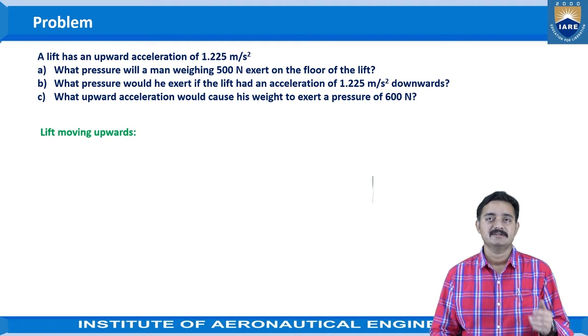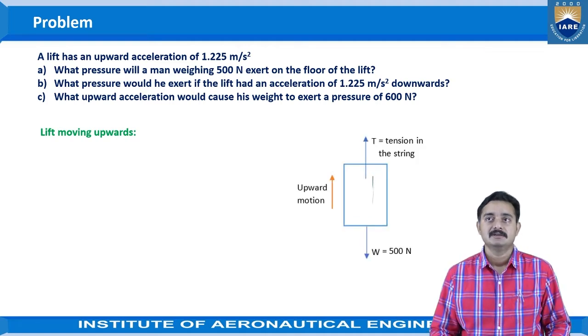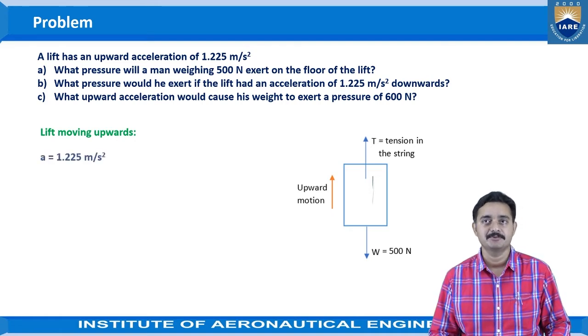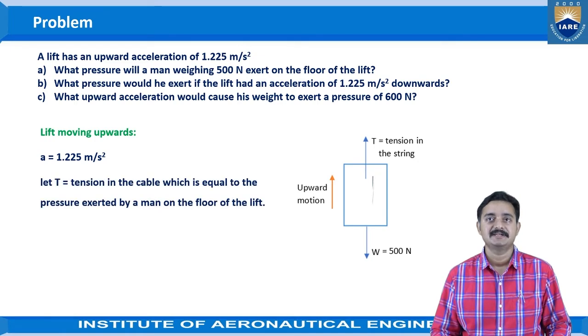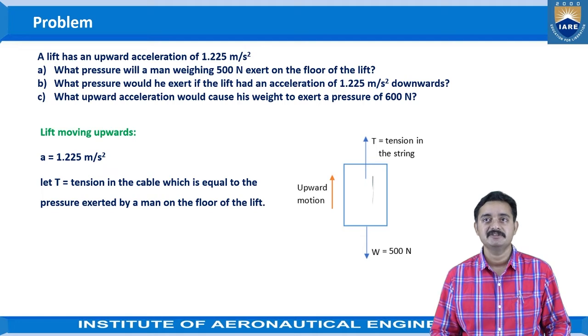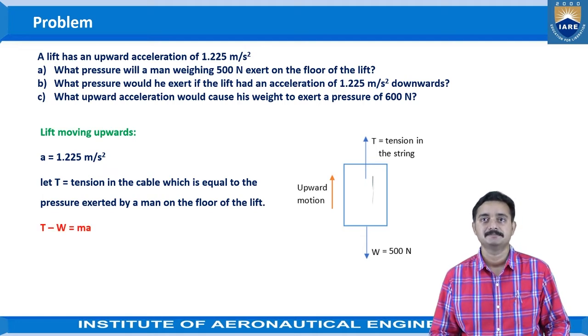Now coming to the first answer, lift moving upwards. We can take the tension in the string T, and the upward movement, with the weight of the lift along with the person being 500 newtons. The acceleration given is 1.225 meters per second square. Let T be the tension in the cable, which is equal to the pressure exerted by the man on the floor of the lift.